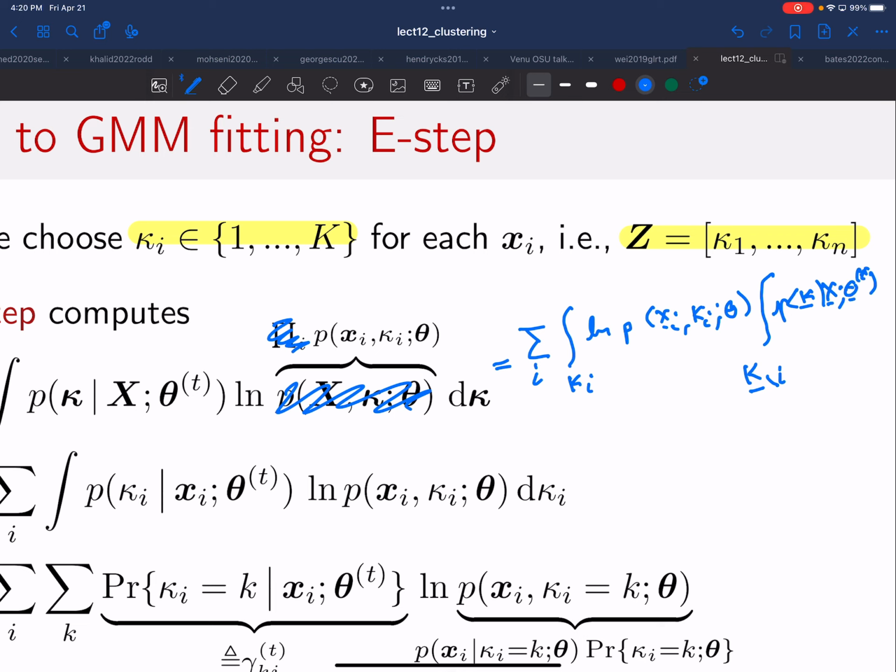Sorry, I'm running out of space. Maybe I can shrink this.